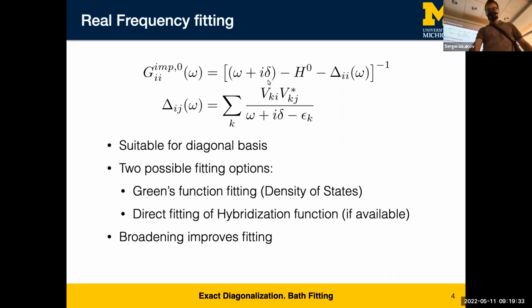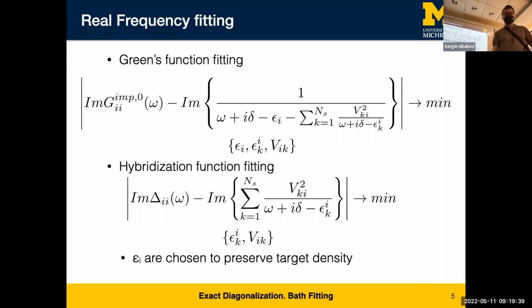For the Green's function fitting, we now have the minimization problem. We have the imaginary part of the diagonal Green's function on the left, and then this discretized version of the Green's function for the particular orbital.